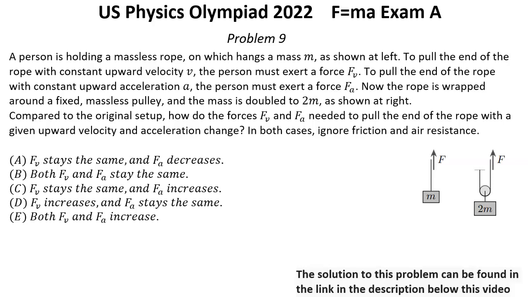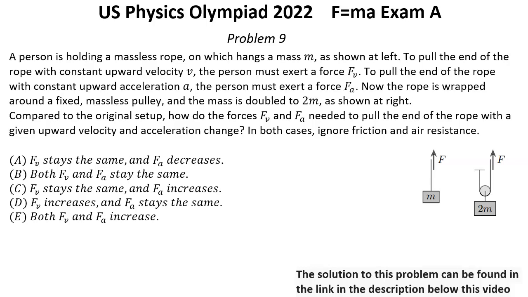Now the rope is wrapped around a fixed massless pulley, and the mass is doubled to 2m, as shown at right. Compared to the original setup, how do the forces Fv and Fa needed to pull the end of the rope with a given upward velocity and acceleration change? In both cases, ignore friction and air resistance.